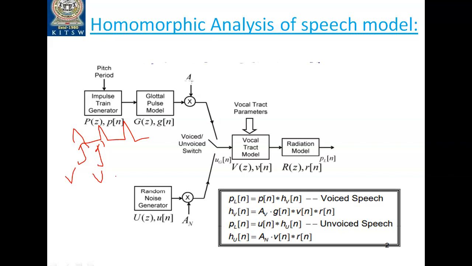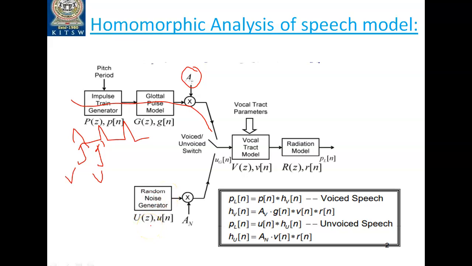Next is the glottal pulse model. The way we speak, the air flows from the lungs, travels through the glottal pulse, and then comes out of the mouth. Here there is a gain factor we are multiplying. This complete flow is nothing but the voice. Below this is the random noise generator block, and there we see some random noise.